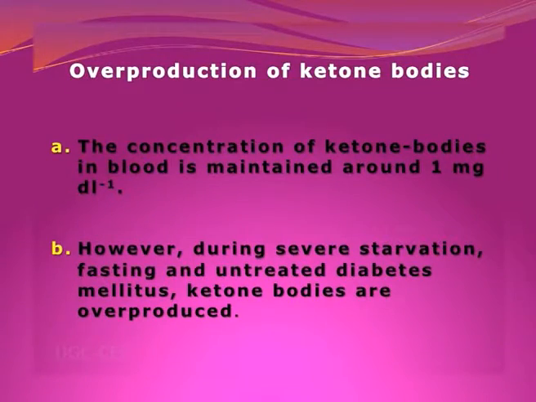Now, coming to an abnormal situation, the overproduction of ketone bodies. The normal concentration of ketone bodies in our blood is only 1 milligram per deciliter. So when the concentration of ketone bodies exceeds this value, we call it an abnormal situation, an overproduction of ketone bodies. This particularly happens in three situations: severe starvation, fasting, and untreated diabetes mellitus.